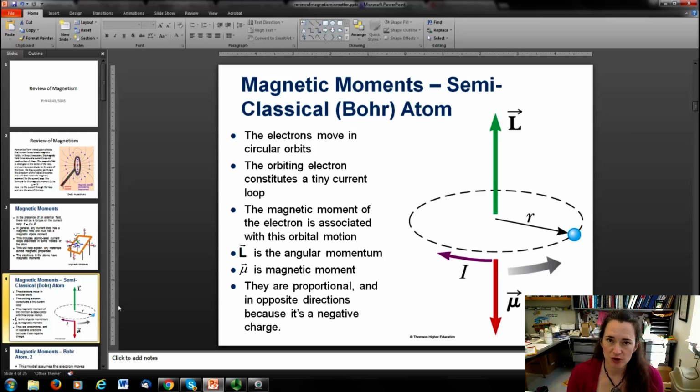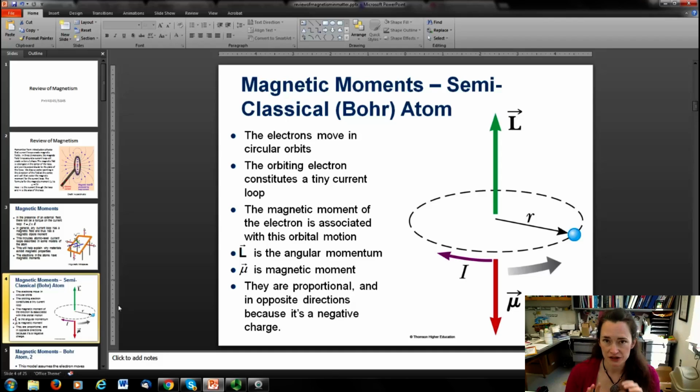So remember, the Bohr model of the atom isn't 100% correct. There's things that Bohr got right and things that Bohr got wrong. But it is a nice conceptual tool for helping you visualize certain things. And like I said, it did get certain numbers correct, so it's still a useful pedagogical tool. So in the Bohr model of the atom, the electrons move in circular orbits like the planets do around the sun, okay?